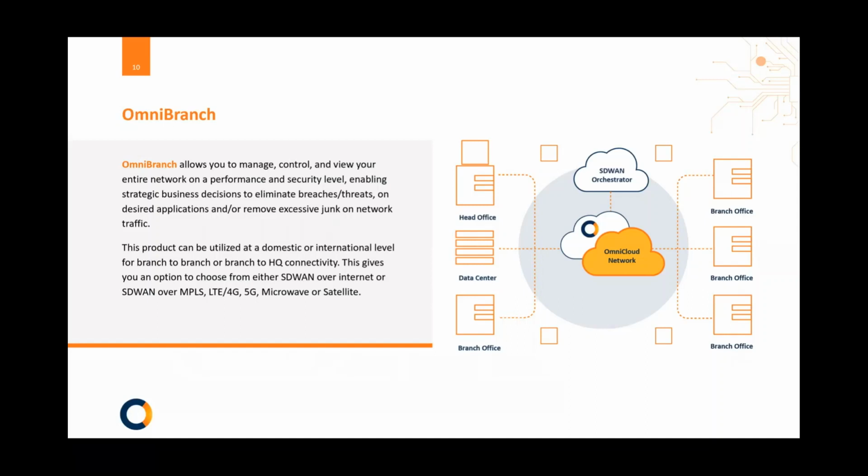So this is Omni Branch, and then you have control on the management layer. For example, if you want to manage your infrastructure on your own, you have rights to manage all the infrastructure through our software defined multi-tenant white label platform.